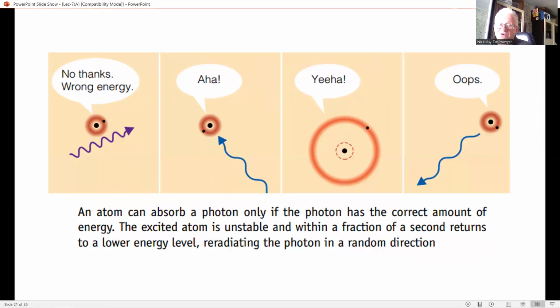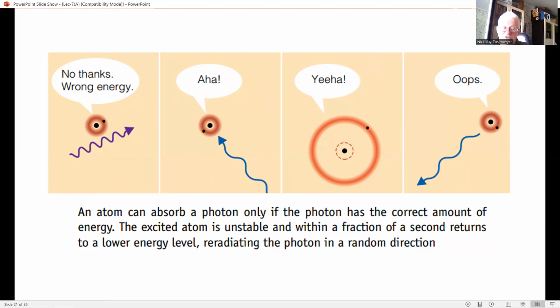Study the sequence of events in this figure to see how an atom can absorb and emit photons. Because each type of atom or ion has its unique set of energy levels, each type absorbs and emits photons with a unique set of wavelengths.